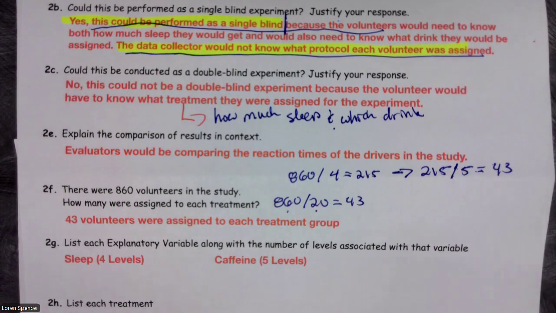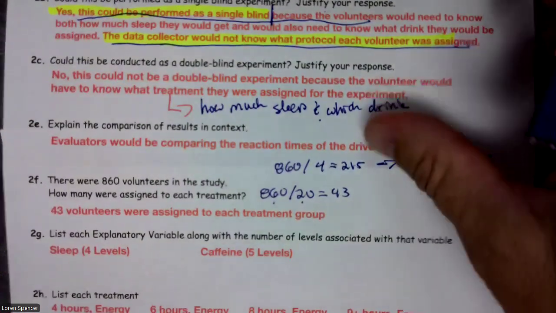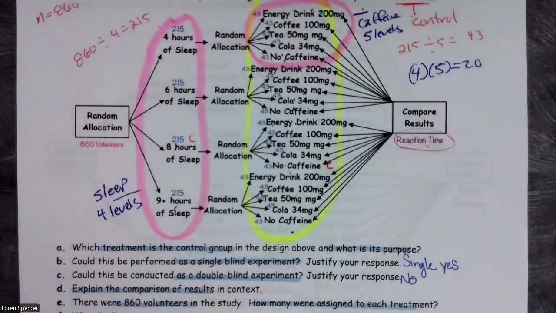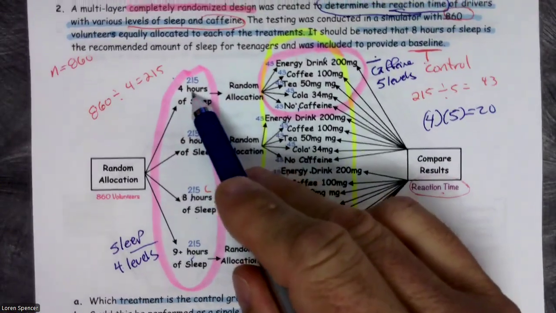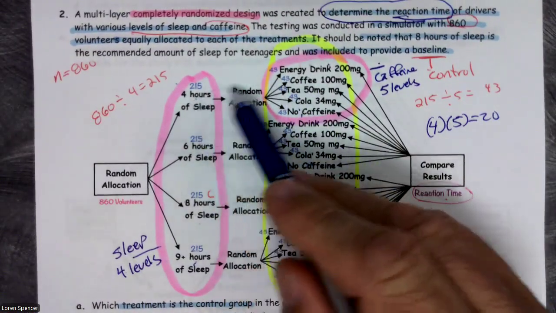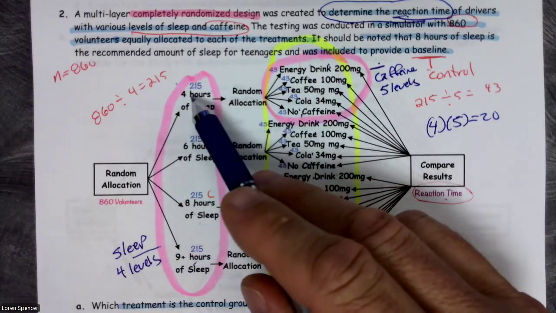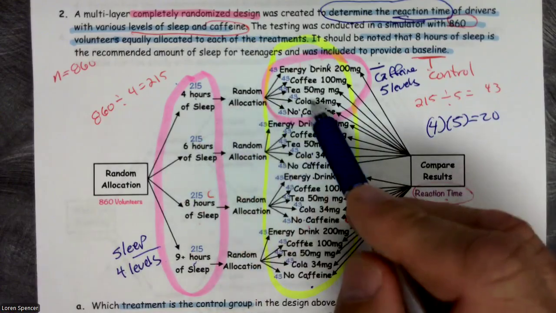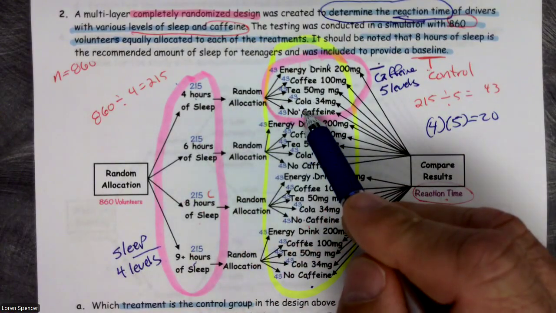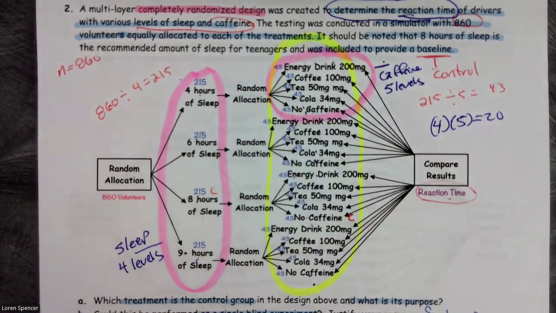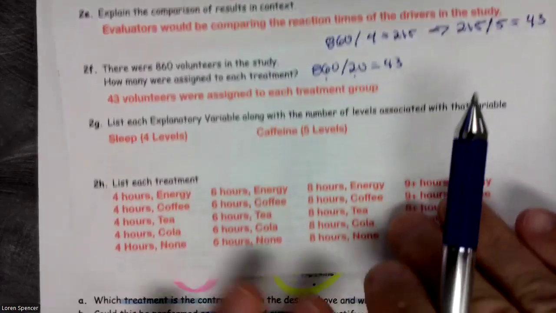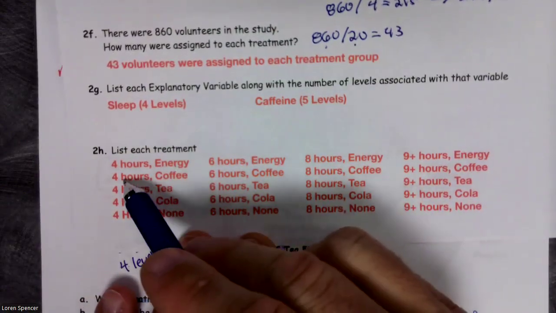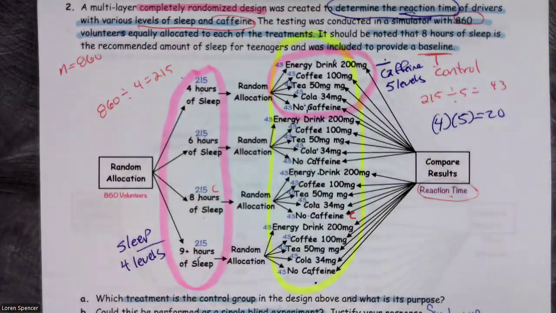All right. So you can abbreviate this or you can write it all out, but your treatments are going to be 4E for energy, or 4,200, 4,100, 4,50, 4,34, 4,0. Why 0? Because it's no caffeine. So for our energy, I'm going to fold this over so we can be looking at that diagram as we go through it.